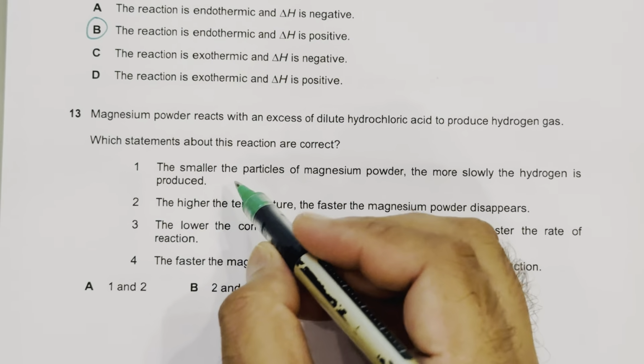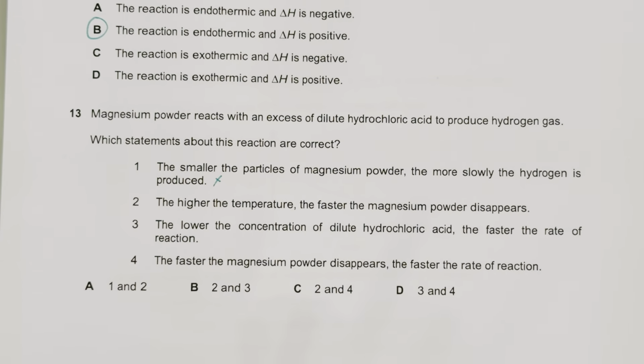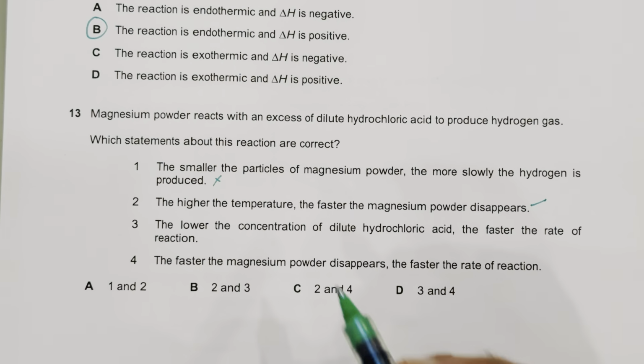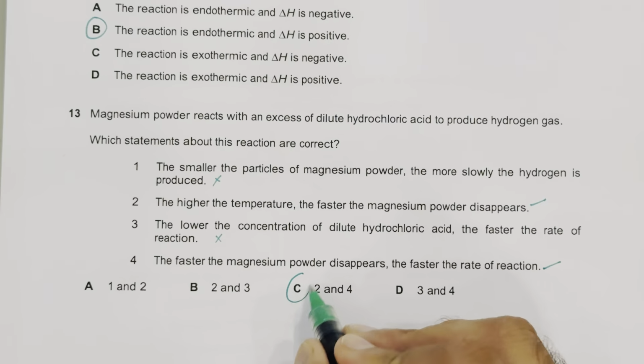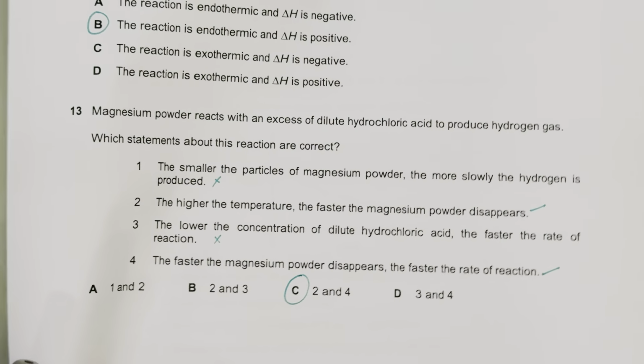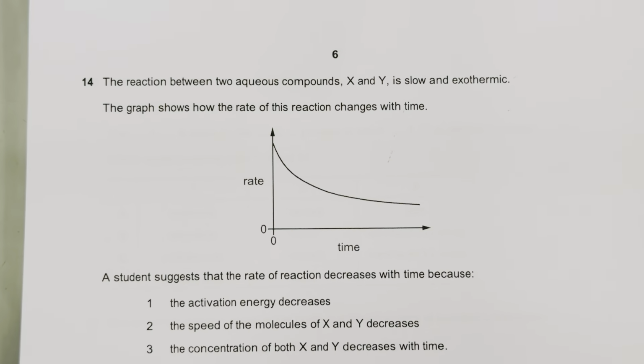No, if the particles are smaller, they have more surface area, so the reaction is faster. Option 2, the higher the temperature, the faster the rate. Yes, temperature is directly proportional to the rate. The lower the concentration, again this is not correct. If the concentration is low, the rate of reaction will be slower. The faster the magnesium powder disappears, the faster the reaction. Yes, this is the right option. Options 2 and 4 are correct, so option C shows this combination. Moving to question number 14.